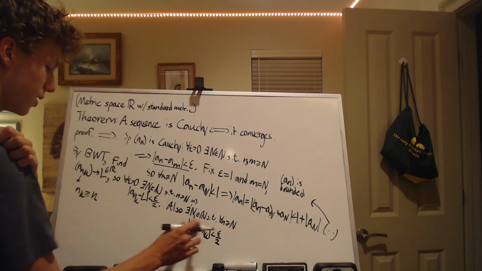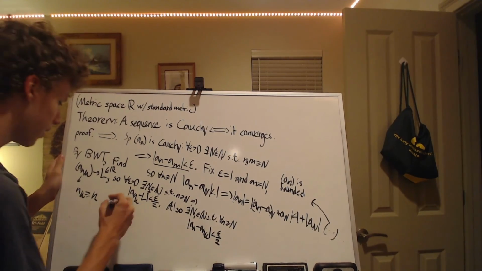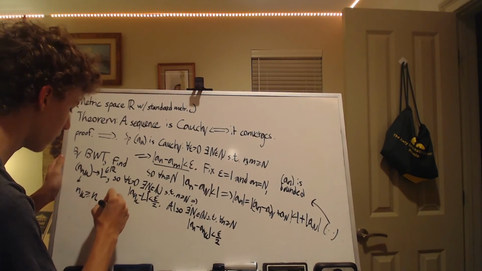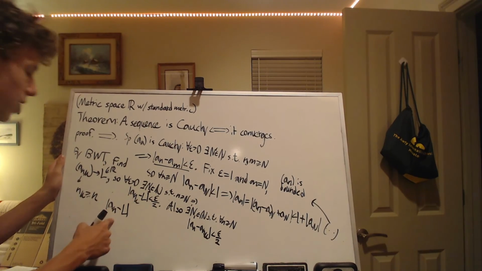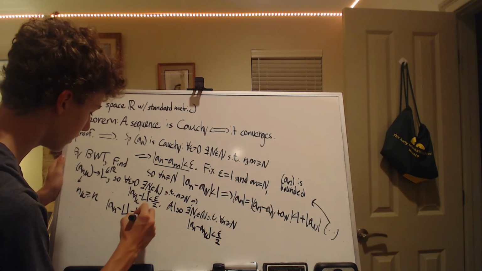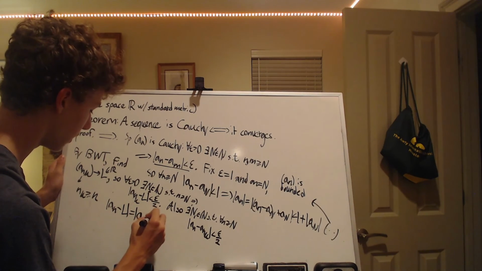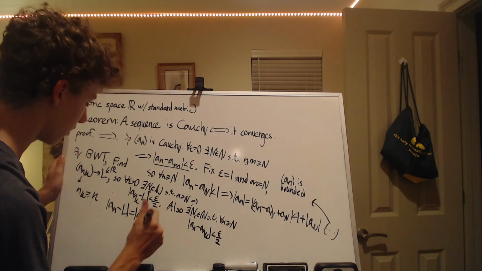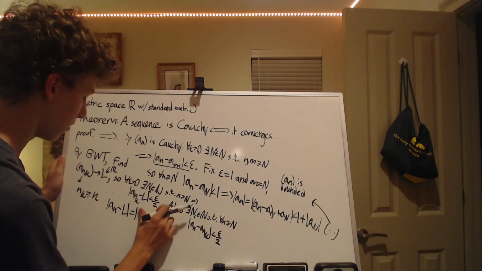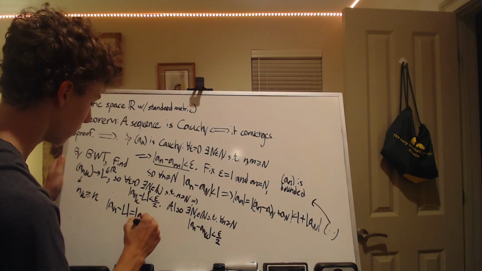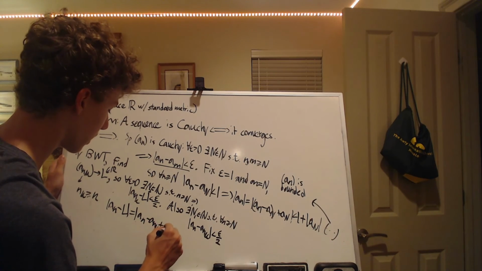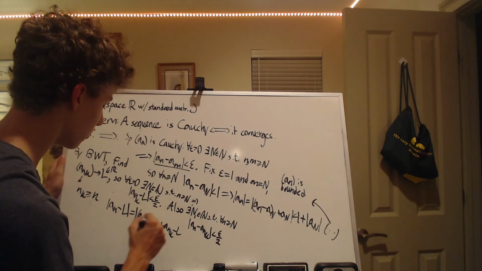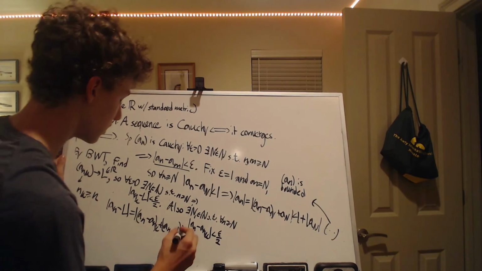Okay, so how could we use this? Well, let's see. Maybe again use the triangle inequality. We're going to have that the absolute value of a sub n minus L, we want to show this is less than epsilon, well, adding in that 0 here, a sub n minus a sub n k plus a sub n k minus L, so establish parentheses.